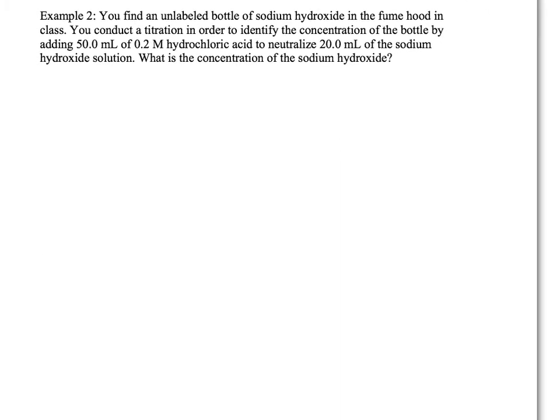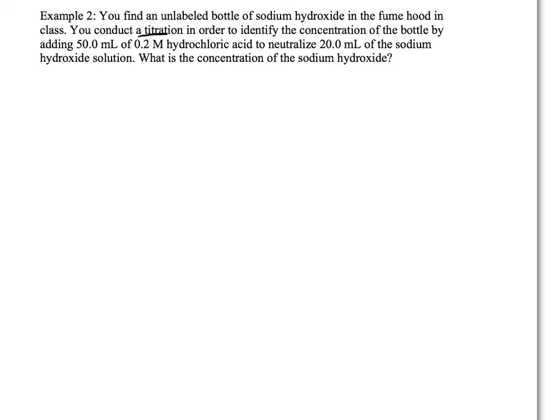Problem 2 says you find an unlabeled bottle of sodium hydroxide in the fume hood in class. Uh-oh, Mr. Shar got lazy, he got tired, it was 8 o'clock at night, so he left school and forgot to label this bottle. Luckily, you're in AP Chem, so you can figure out exactly what the concentration of that sodium hydroxide is by doing a titration.